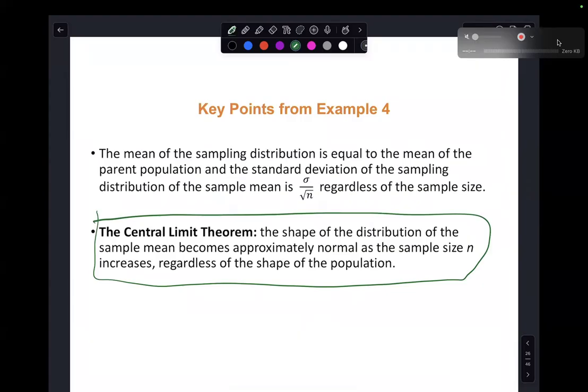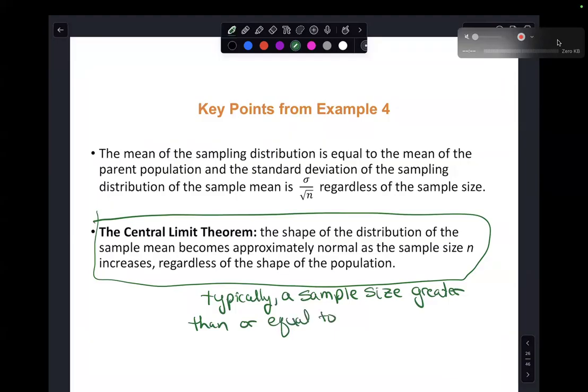This is called the central limit theorem. I'm not going to ask you to remember the name of the theorem, but I'm going to write down here, typically, a sample size greater than or equal to 30 is large enough.